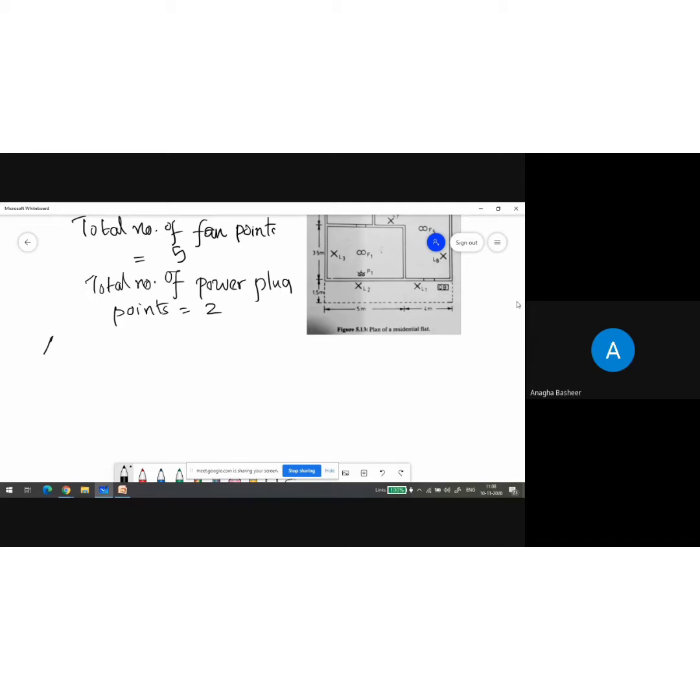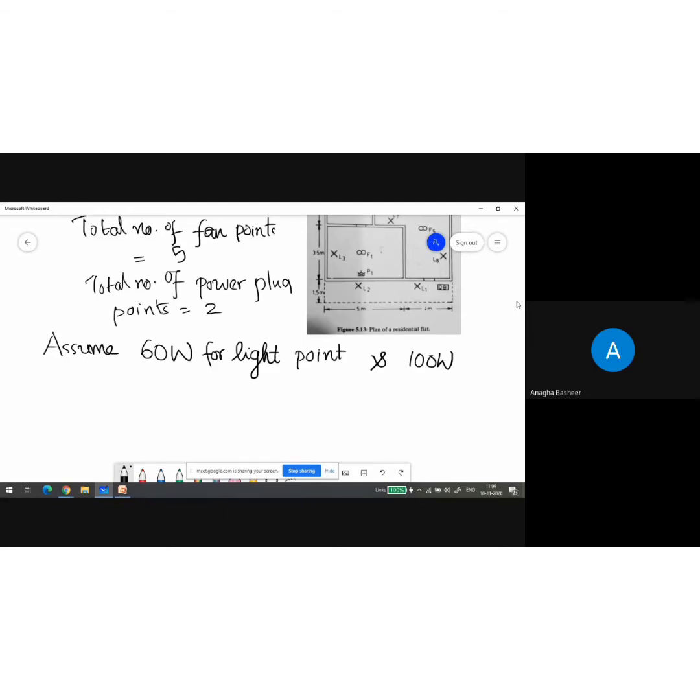Let us assume 60 watts for light point and for fan either you can assume 100 watts or 60 watts. According to your assumptions, you have to complete the problem. That is the aim.